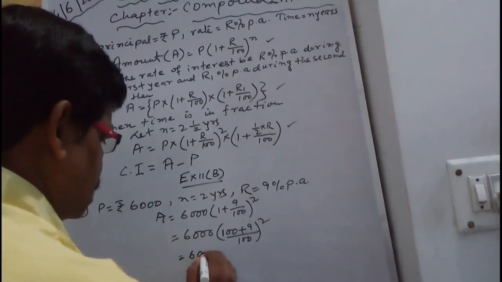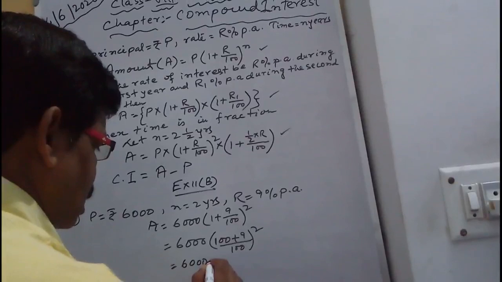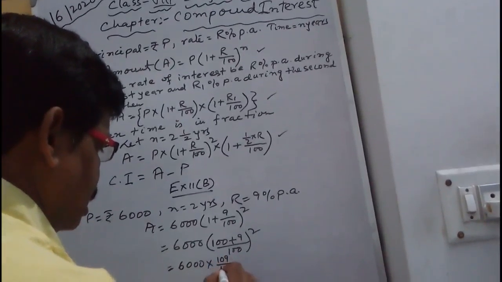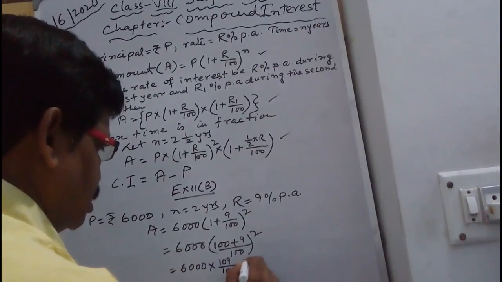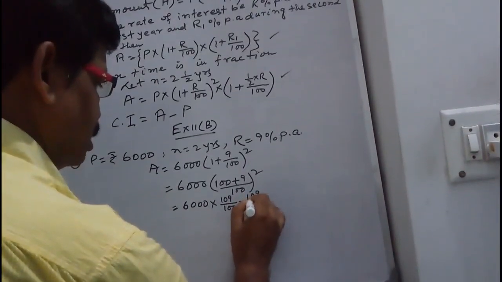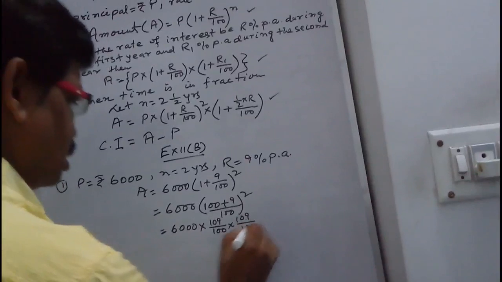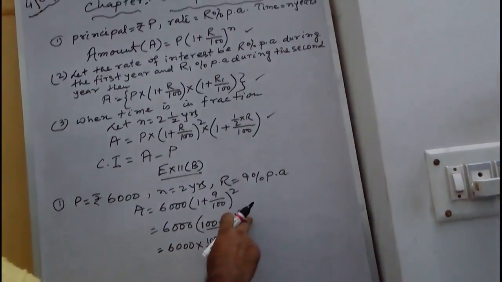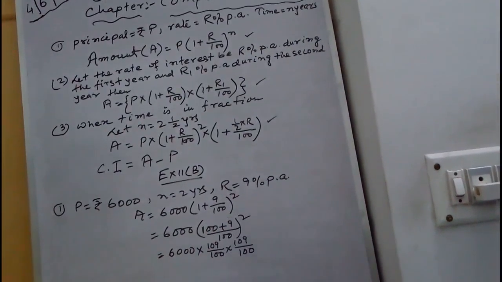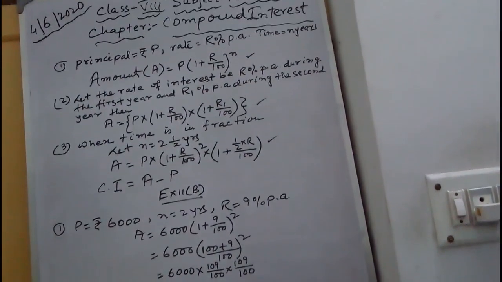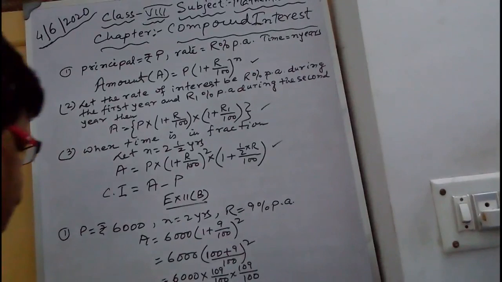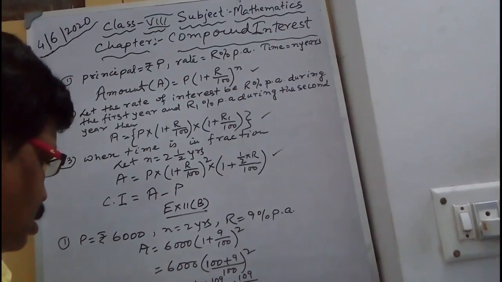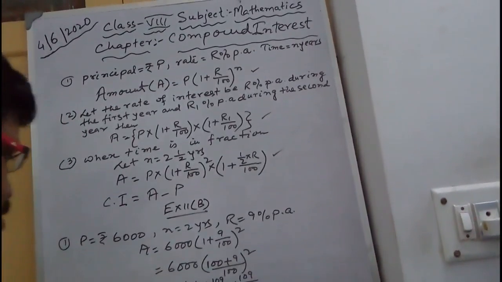So 6,000 into 109 by 100 into 109 by 100. 100 plus 9 is 109. Here power is 2, so you write it 2 times. Now cancel it, zero, zero.